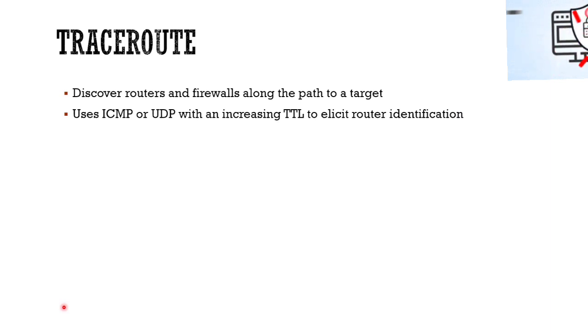It'll send one to the final destination, but the IP packet only has a time to live of 1. Now, if you study IP, you know that one of the fields in the IP header is the time to live. The time to live will tell us, okay, how many routers can this thing go through before the packet is discarded? That's to prevent packets from living on the internet forever if they're caught in a routing loop.